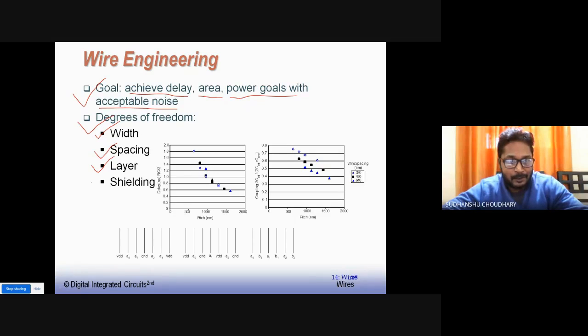Designers can also shield a wire by using a ground wire in between two wires. For example, here a ground wire has been used in between these two wires, so this will act as a shield. These things can be done by the designer to achieve these goals.